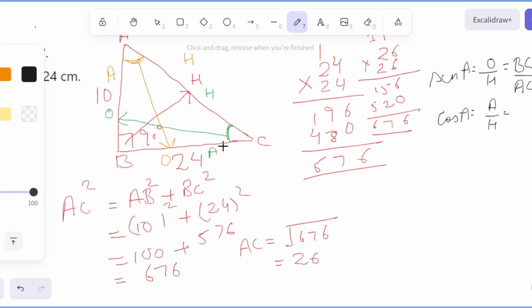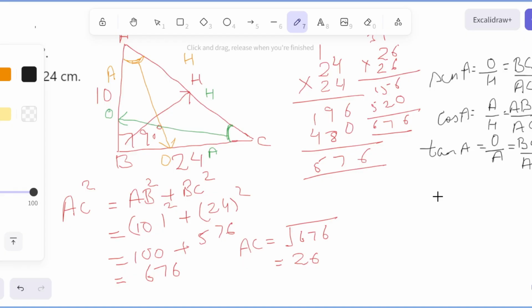Adjacent for A is AB, so AB upon AC, which is 10 upon 26. Tan A is opposite upon adjacent, opposite is BC for angle A and adjacent is AB. So this will be 24 upon 10.